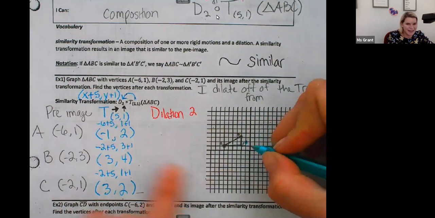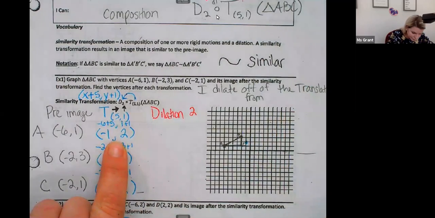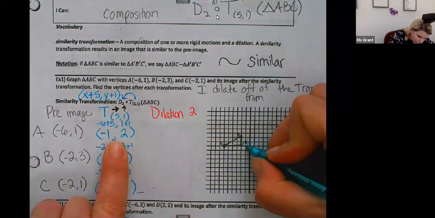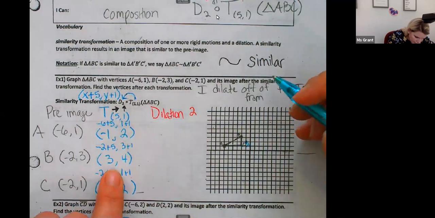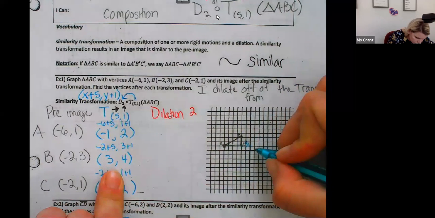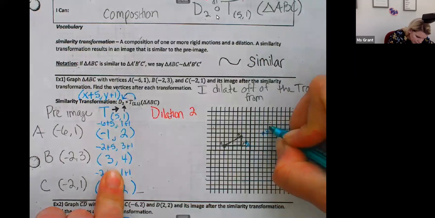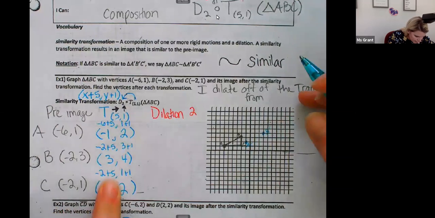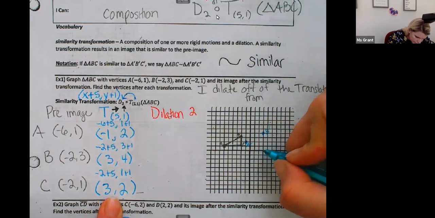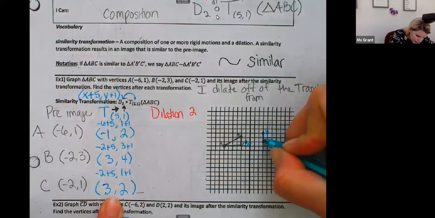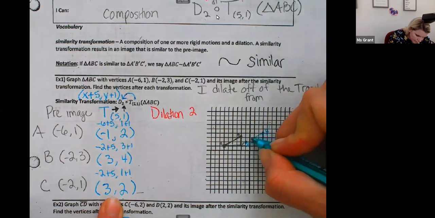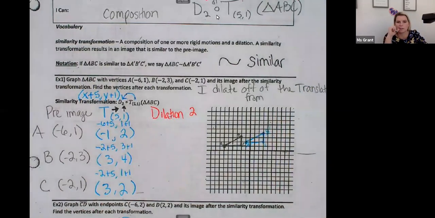Sure is. -1, 2, what I put down. B, 3, 4. This is really like B prime, you know. C, 3, 2. So I translated 5 to the right and 1 up, and it's the blue.